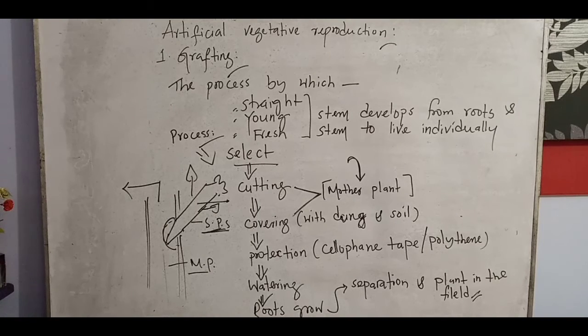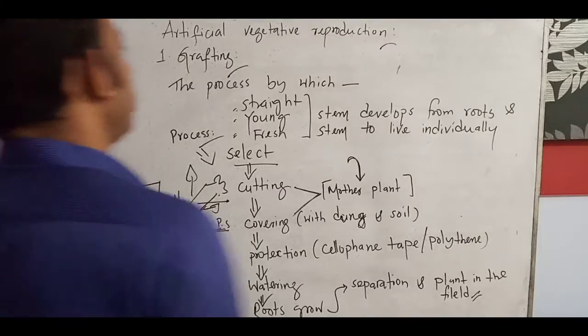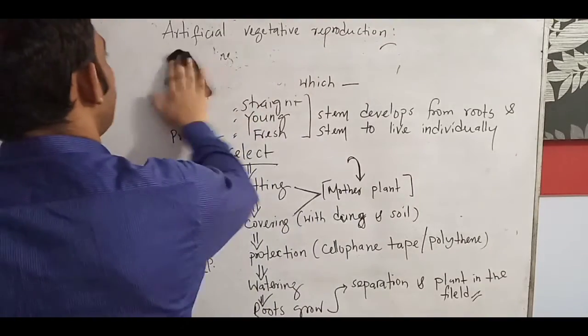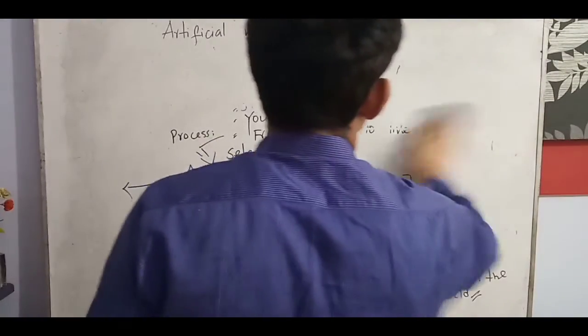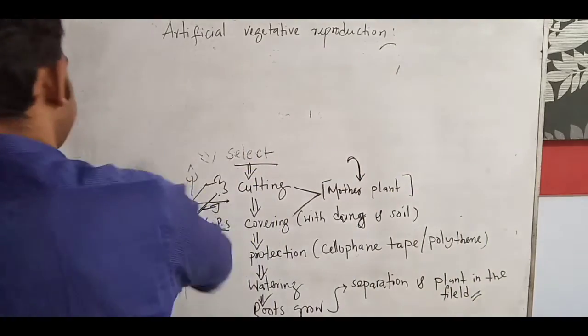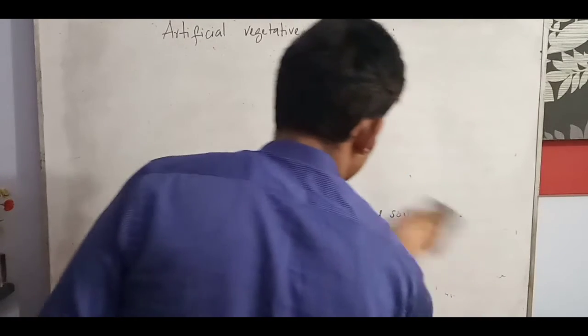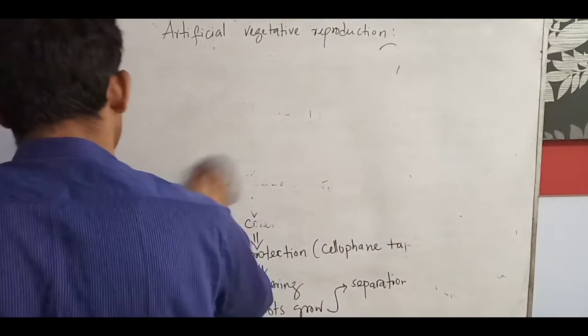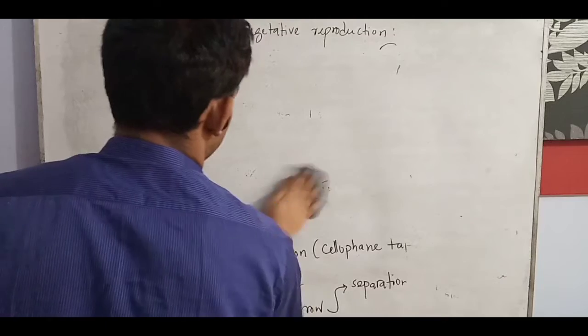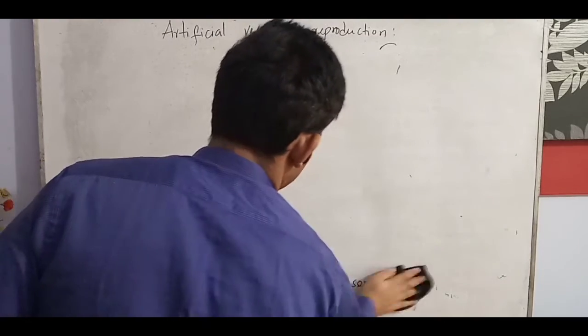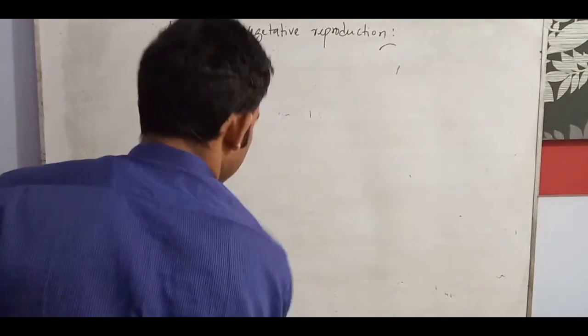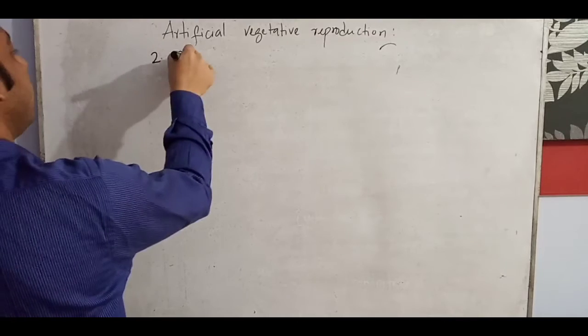Now we will go through the second process of artificial vegetative reproduction, which is cutting. Number 2 is cutting.